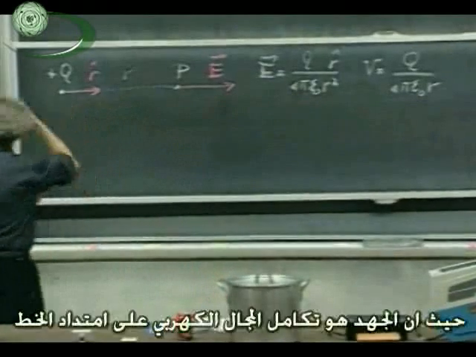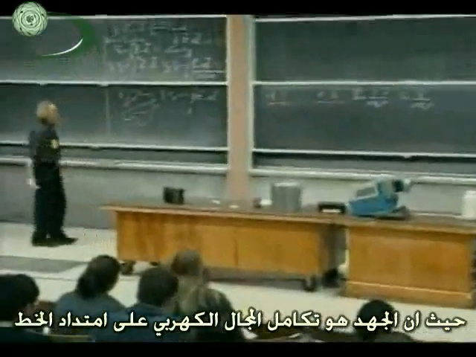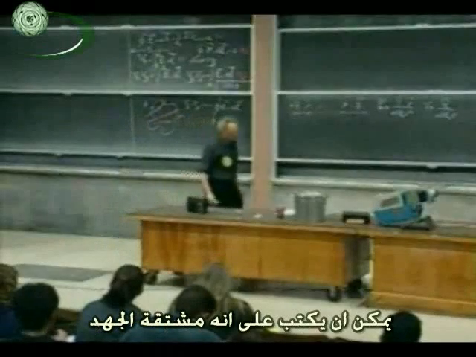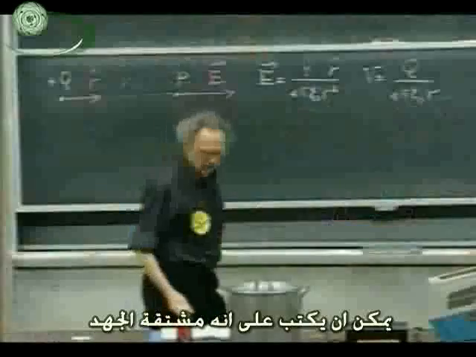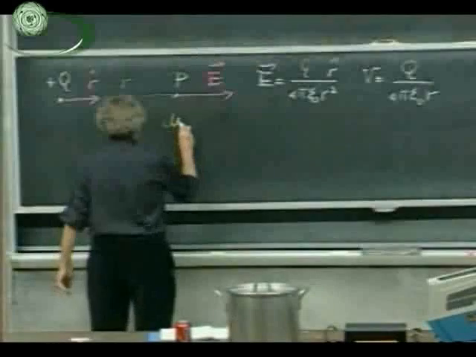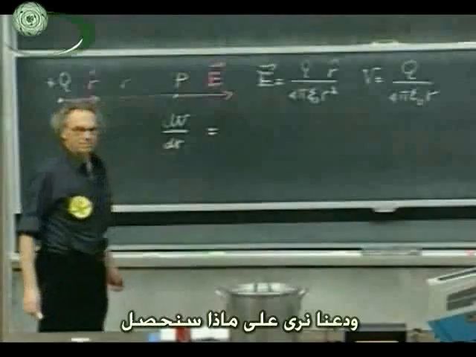So, the potential is the integral of the electric field along a line, and now I want to try whether the electric field can be written as the derivative of the potential. So let us take dV/dr, and let's see what we get.